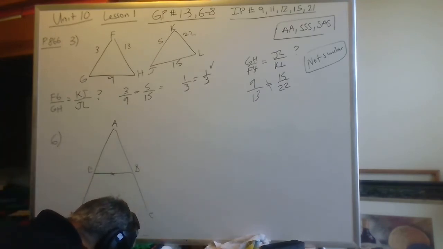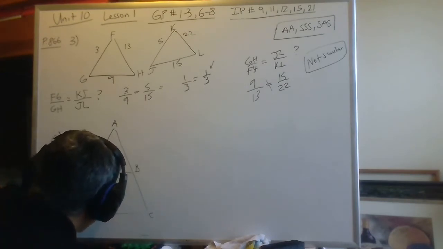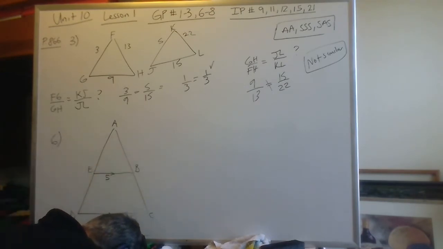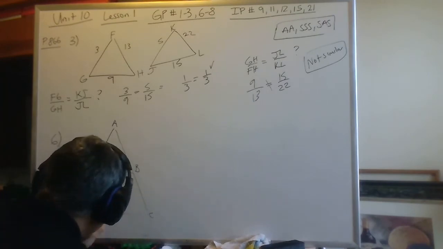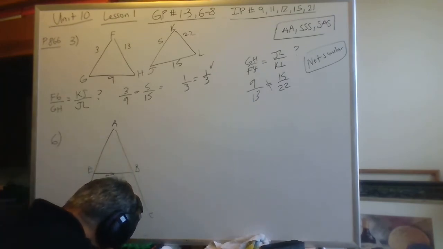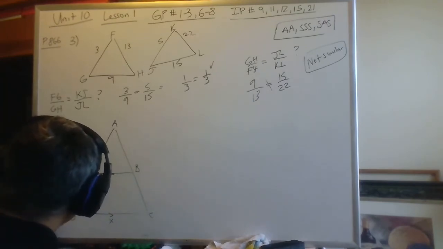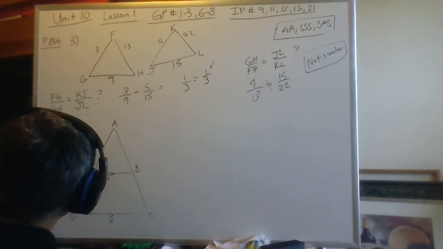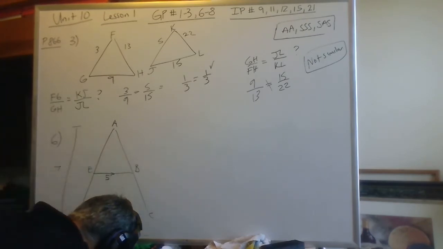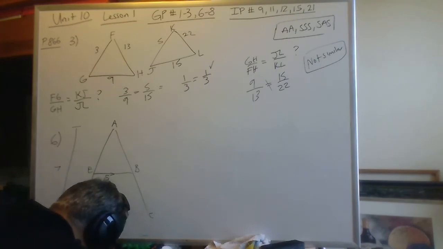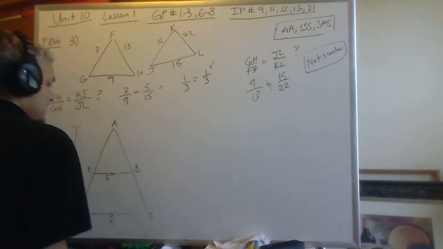And EB is equal to 5. And X is down here. And it says that the height from D all the way to A is 7. And now it wants you to identify the similar triangles. So let's first identify.